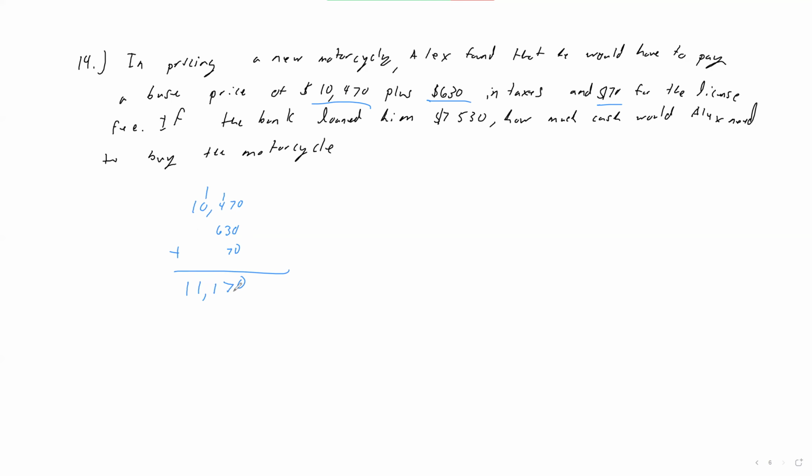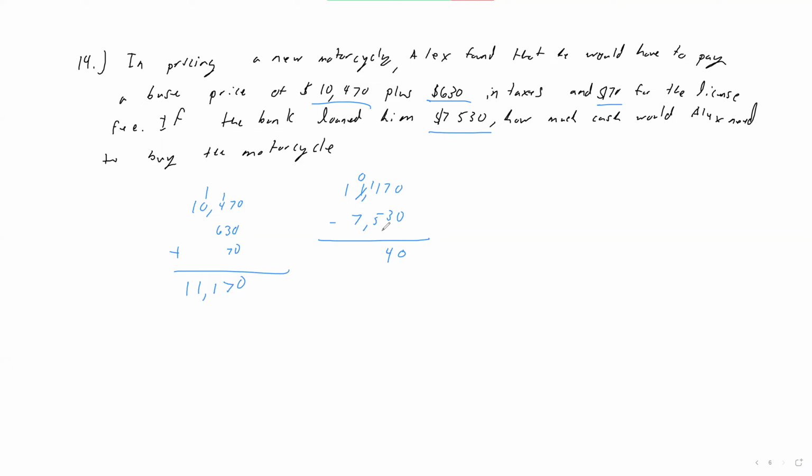So the grand total is 11,170, but the bank is only giving him 7,530. So we then take that grand total, and then I now have to subtract what the bank is willing to give. 0 minus 0 is 0. 7 minus 3 is 4. 1 minus 5 cannot be done, so I have to borrow.